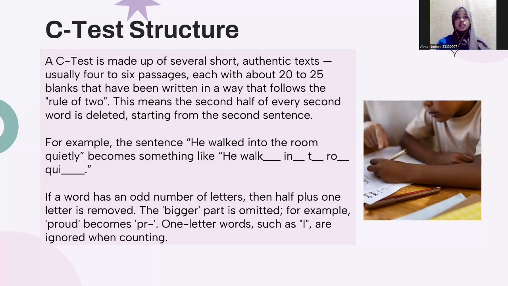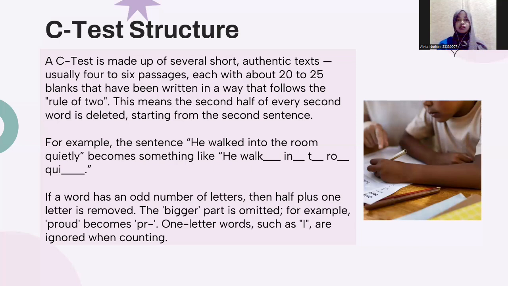The C-test structure is made up of several short texts, usually 4 to 6 passages, with about 20 to 25 blanks that have been written following what is called the rule of 2. This means that the second half of every second word is deleted, starting from the second sentence.